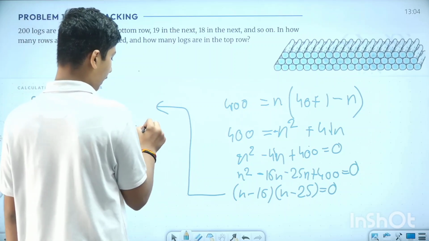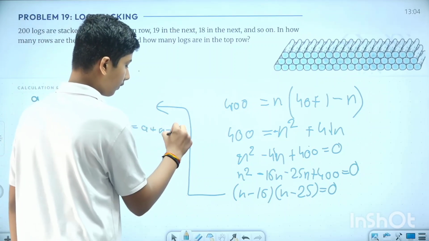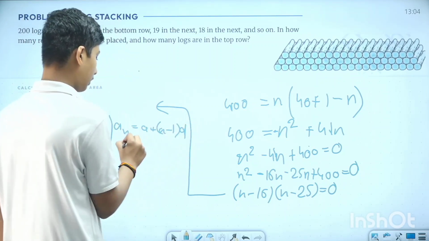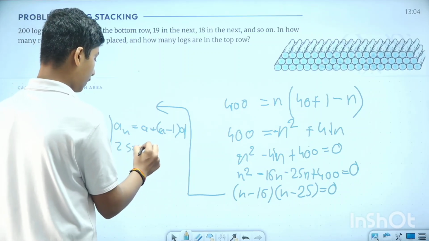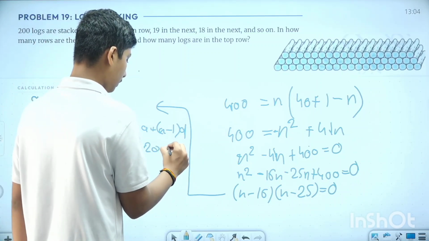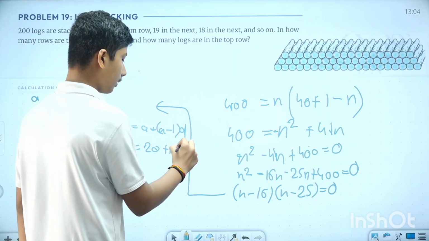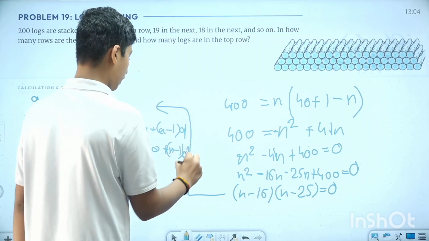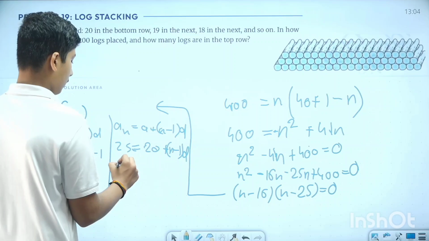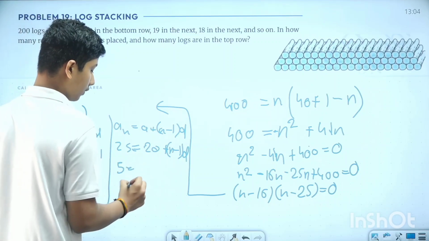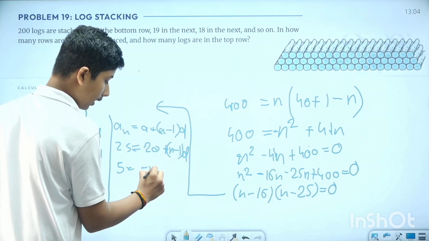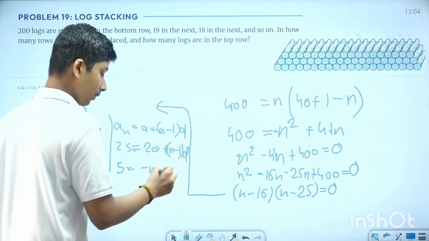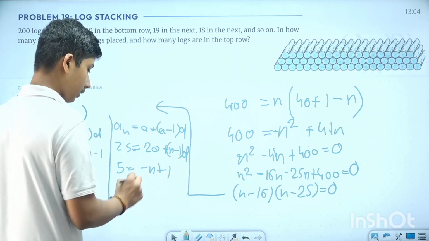An equal to a plus n minus 1 into d, which will be 25 equal to 20 plus n minus 1 into d. Then 5 equal to minus n plus 1.